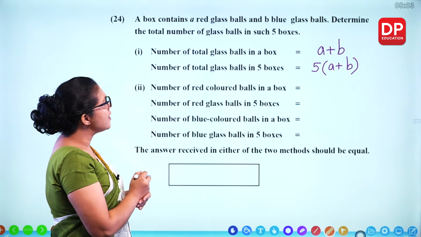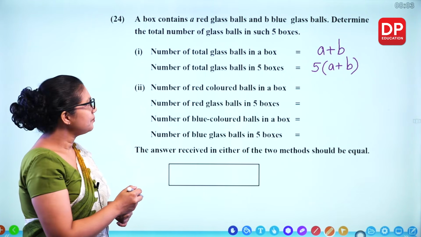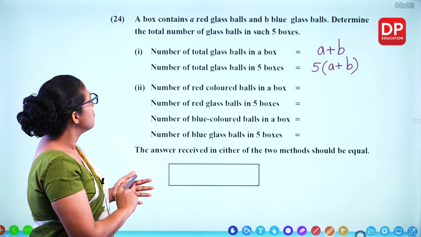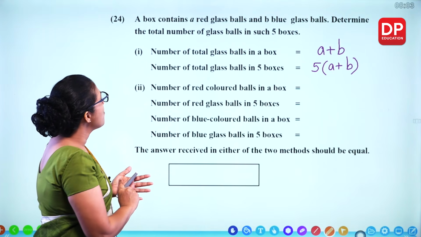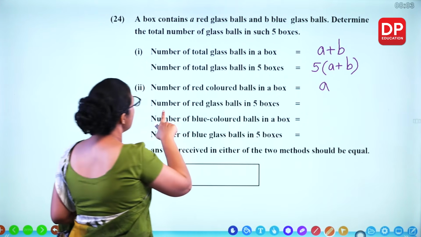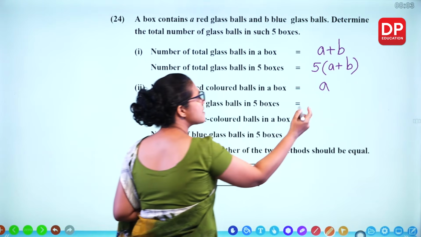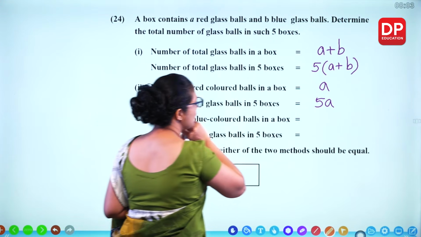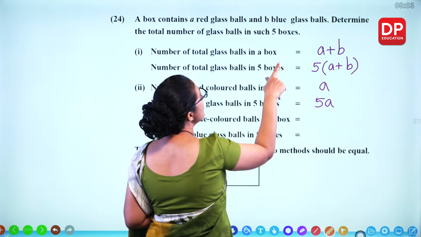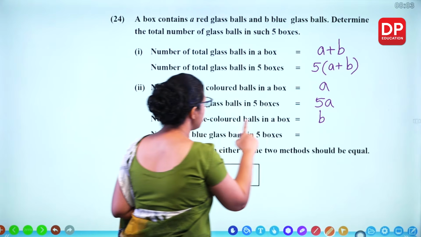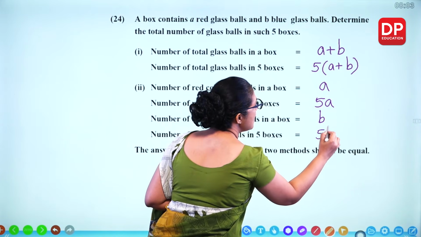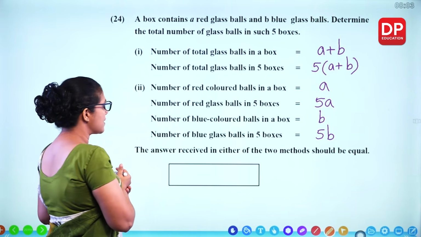Then number of red colored balls in a box. Separately, there are a red glass balls. So number of red balls in a box is a. Number of red glass balls in 5 boxes, that's a multiplied by 5, 5a. If you take separately blue ones, how many blue ones are there? b blue ones. For 5 boxes, you get 5b blue ones.